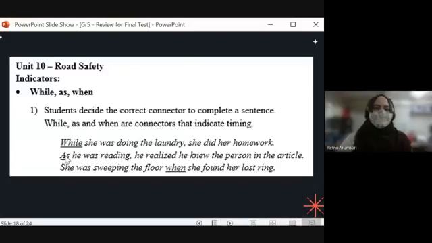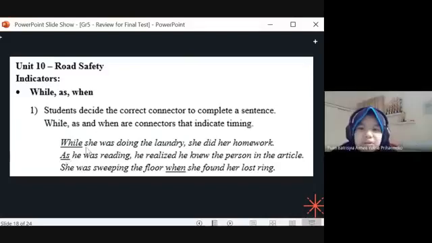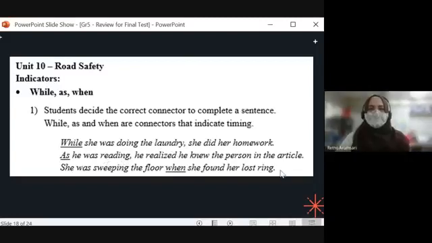So you put while or as at the beginning of the sentence. Okay, can you put when in the front? Yeah, sure. But if we put the past simple first, like that.